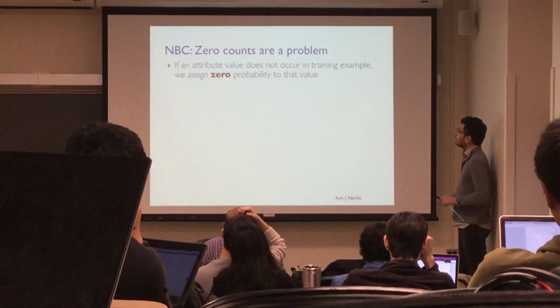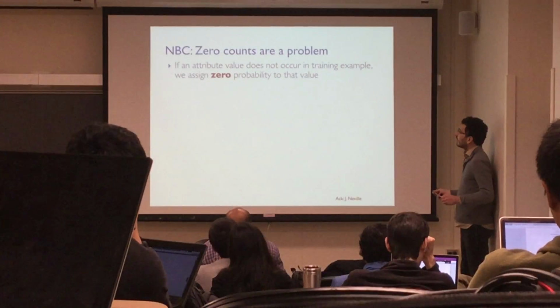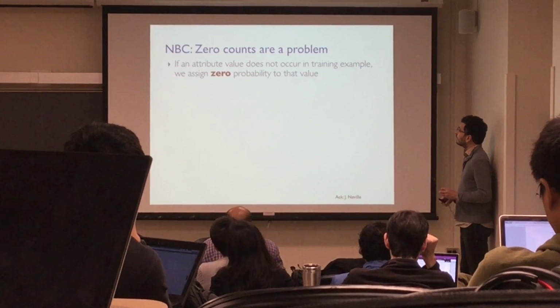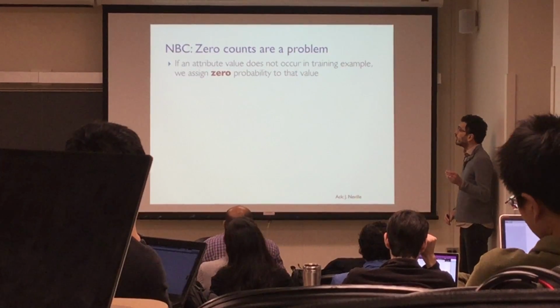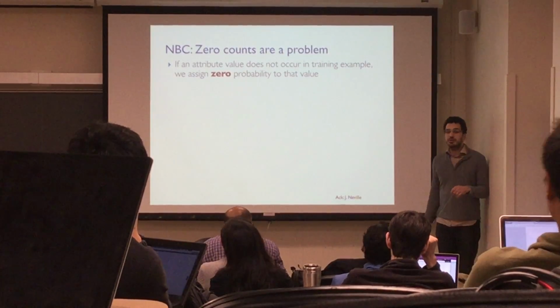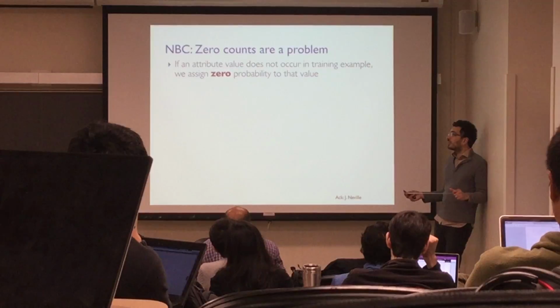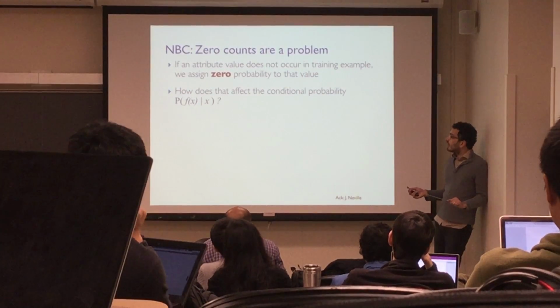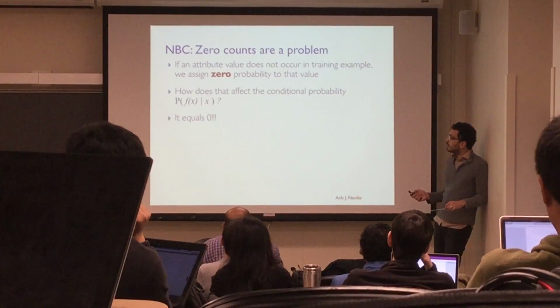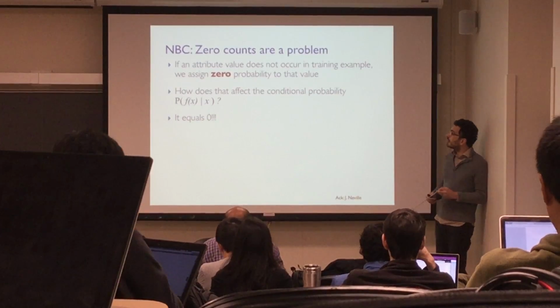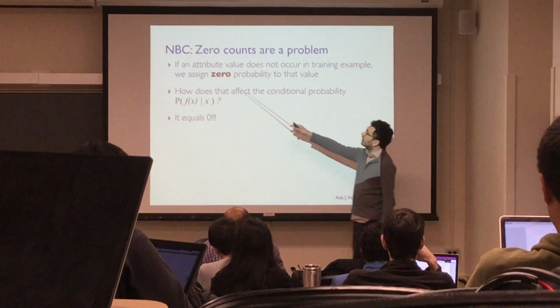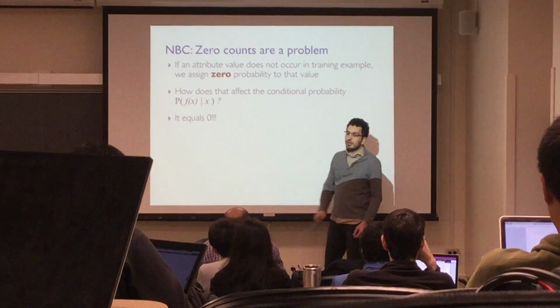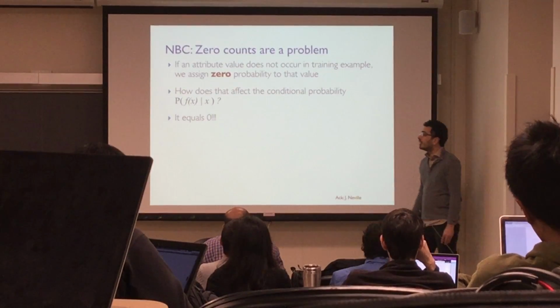Zero counts are a problem for naive Bayes classifiers. There is no such thing as zero probability. Never predict zero. Okay? It's a big problem. How does that affect the conditional probability? Because if you don't see a value, then you assign probability 0 to that value happening.